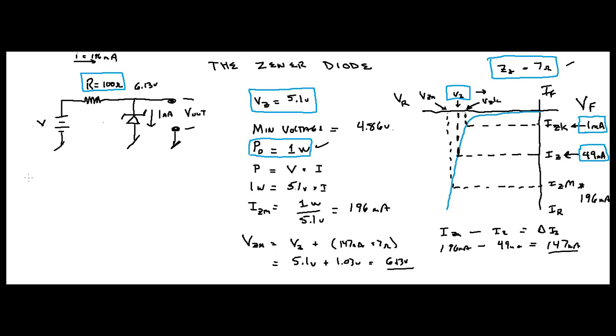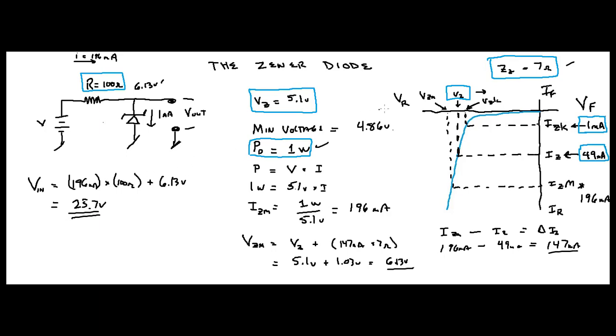Your voltage you're going to need, your VIN, is going to equal 196 milliamps times 100 ohms, plus your 6.13 volts, which we just calculated. And if you want to know the result, that's going to equal 25.7 volts, okay?